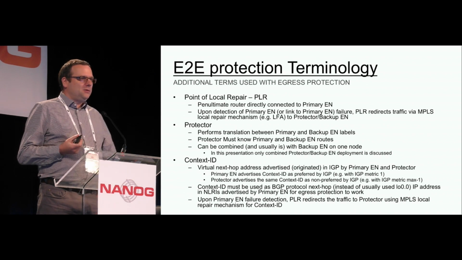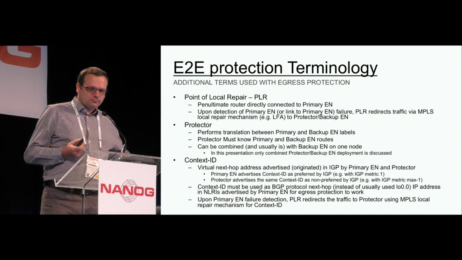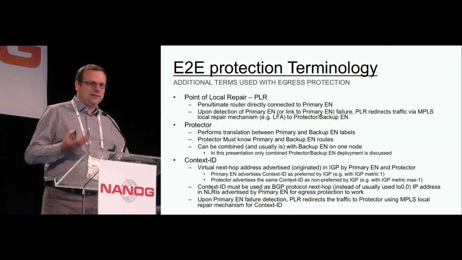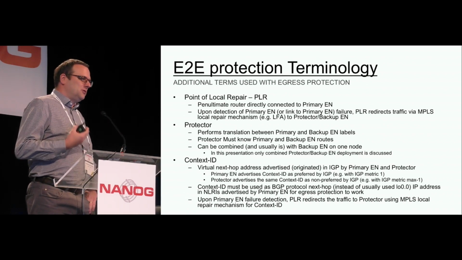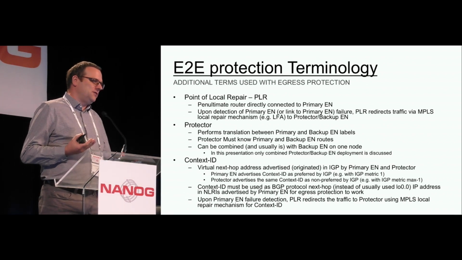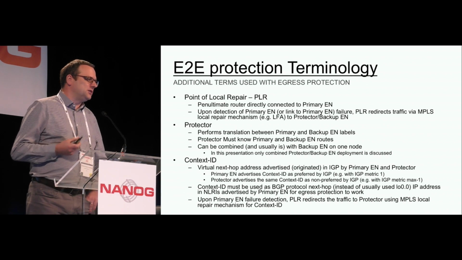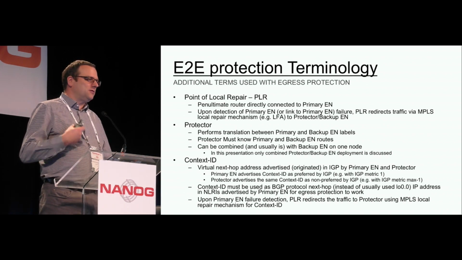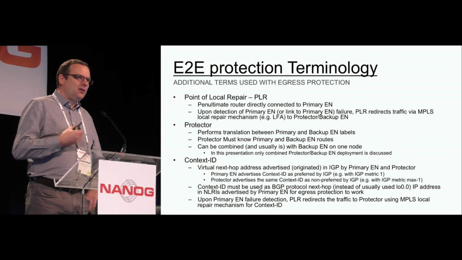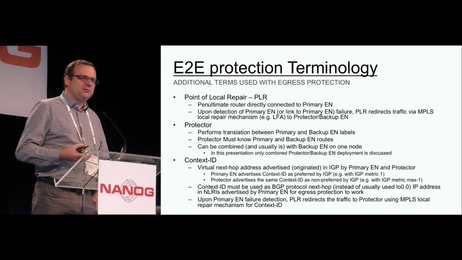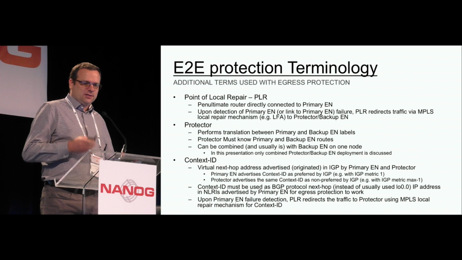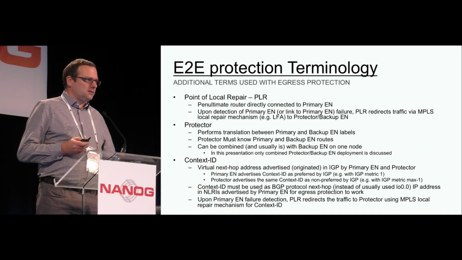Why do we use that? Because later on, we'll advertise this virtual context ID from two egress PEs. Because of that, we'll be able to do LFA or remote LFA, so we'll be able to switch over inside the network to another PE. So this is the context ID.